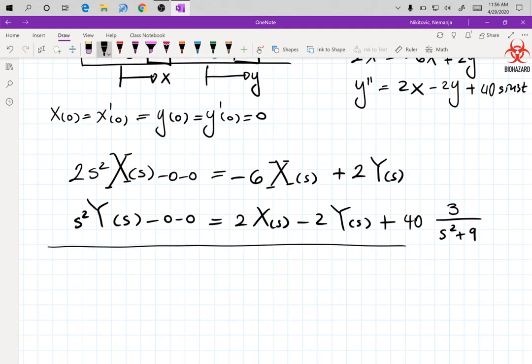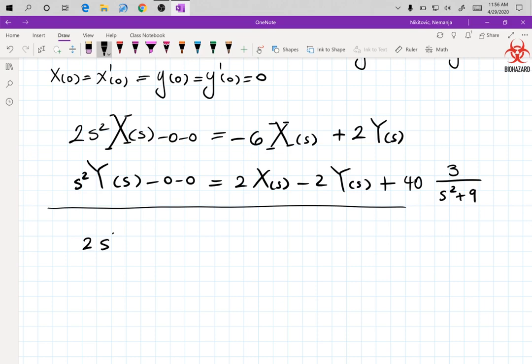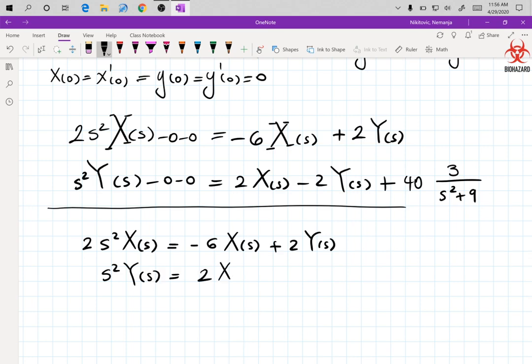Now it's good to put this line every time you deal with the two equations with two unknowns. So we have 2s squared x of s is equal to negative 6x of s plus 2y of s. I'm just going to make it look clean. And then s squared y of s is equal to 2x of s minus 2y of s plus 120 over s squared plus 9.